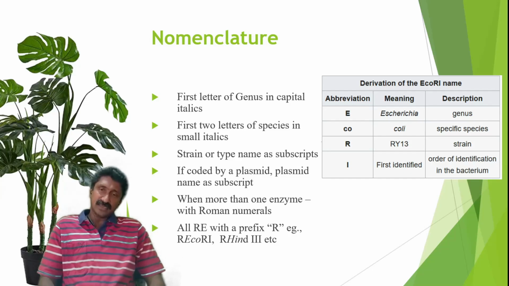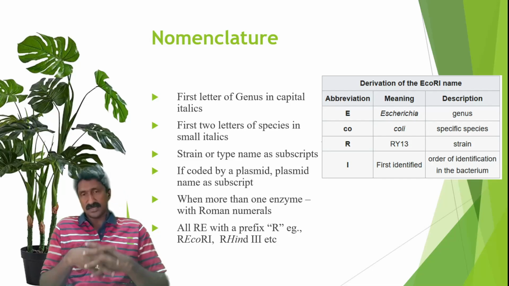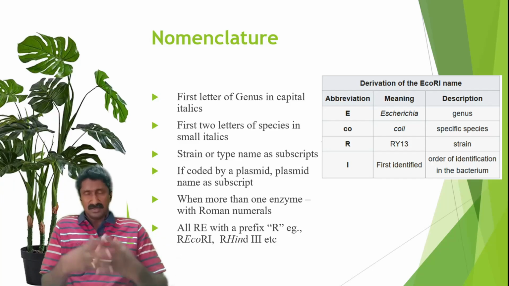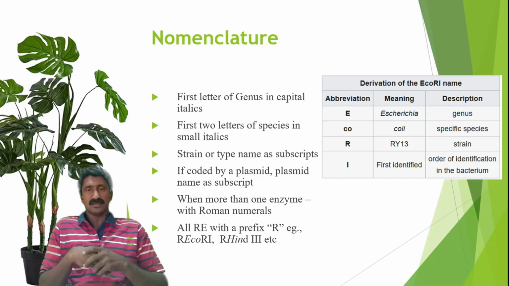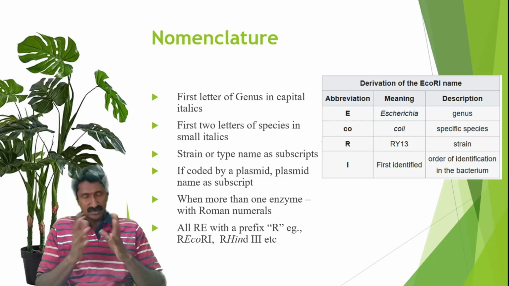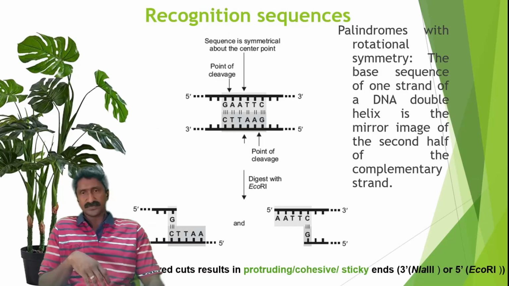This is the actual nomenclature pattern, but nowadays you can see some textbooks mentioning the names of the enzymes without the R prefix or other italics. So this is the standard procedure for nomenclature, but nowadays it is not strictly followed. That's what you have to note.